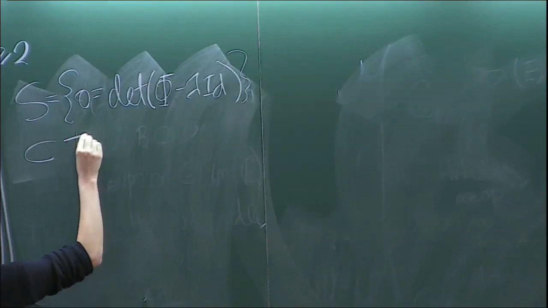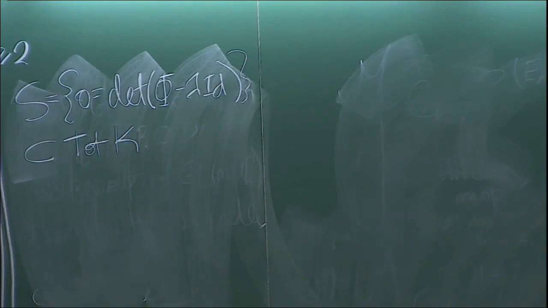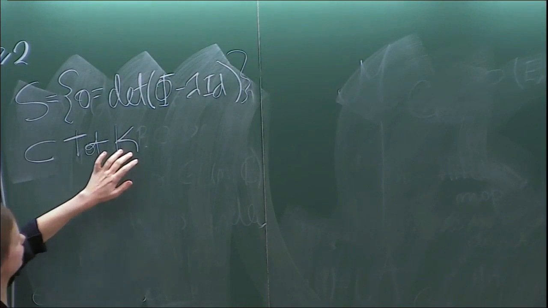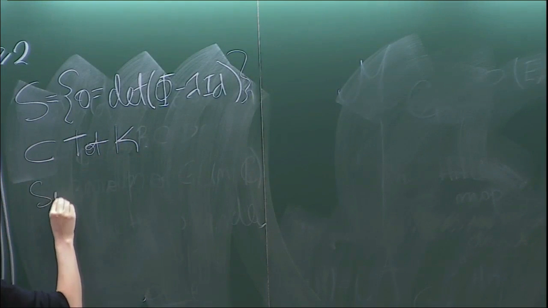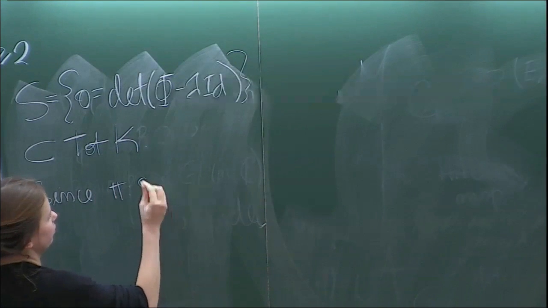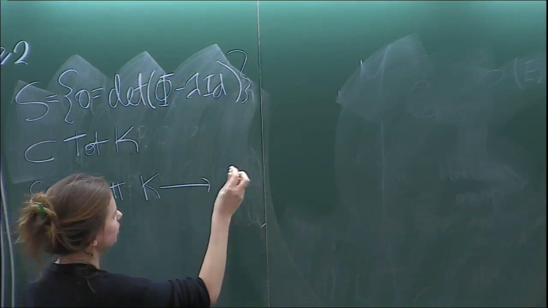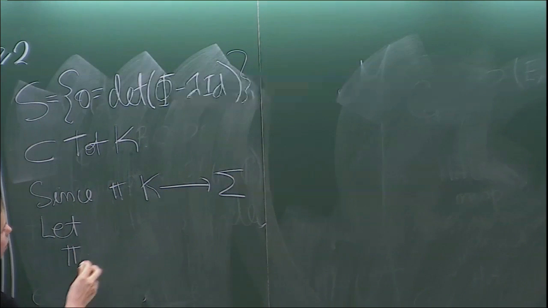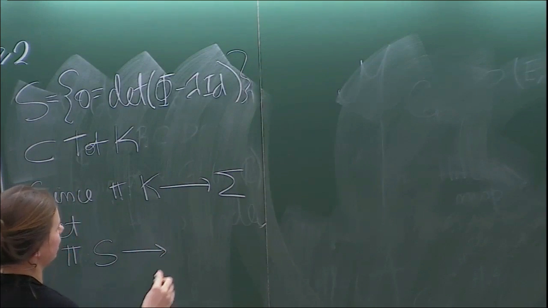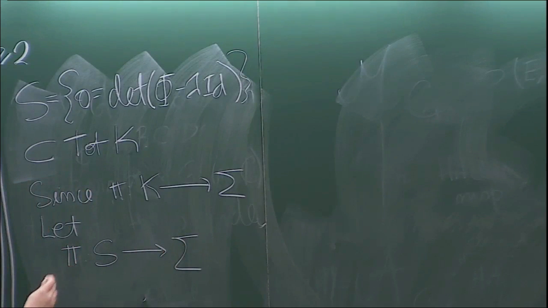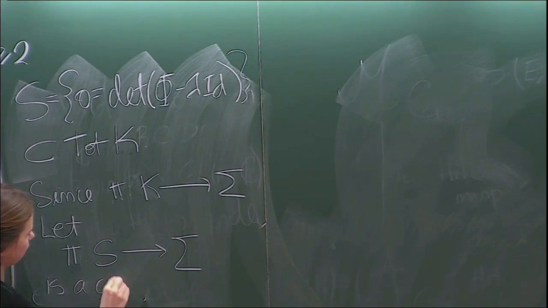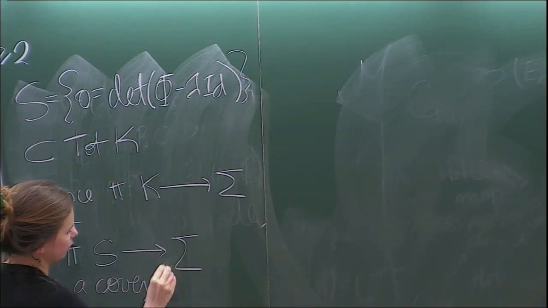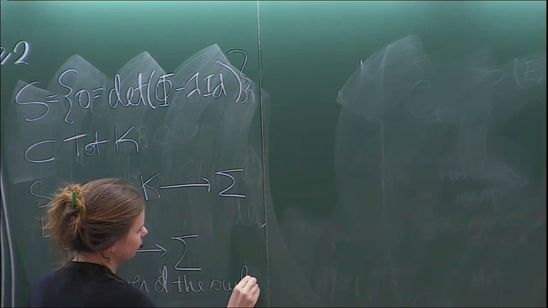This was inside the total space of K, and given that we consider K, since we call pi the projection from K to sigma, we'll also use pi for the projection or the cover that S gives, so S over sigma is the cover, a cover of the surface.